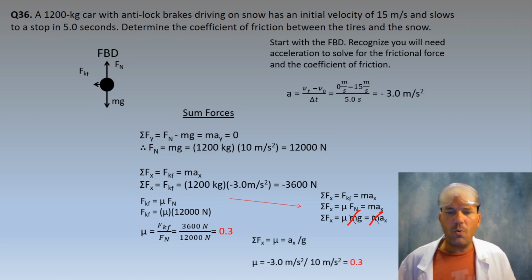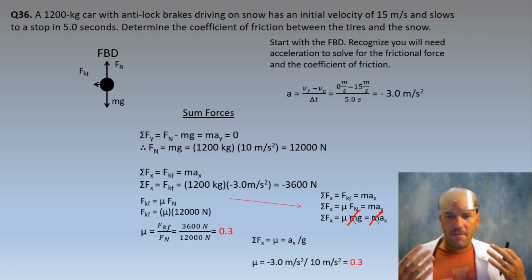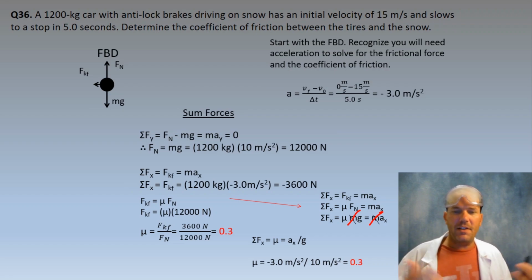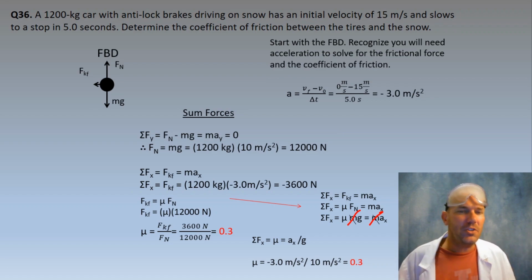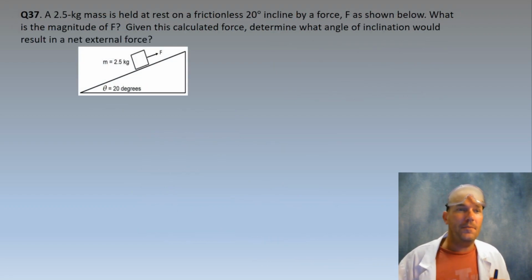There is no dependence on mass. It doesn't matter that this is a 1,200 kilogram vehicle. For this situation, finding mu here, we can simply cancel the masses out, and I wanted to make sure that I was able to actually show you that, okay?